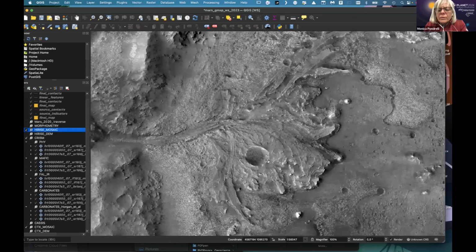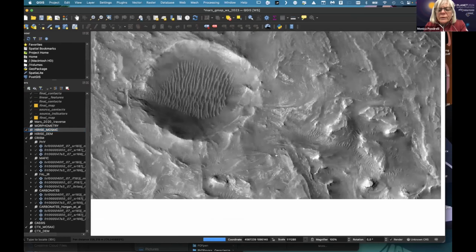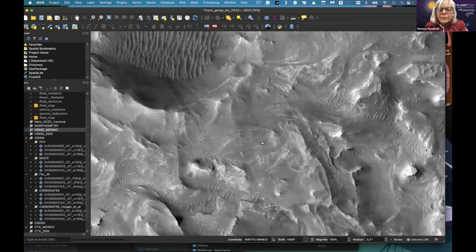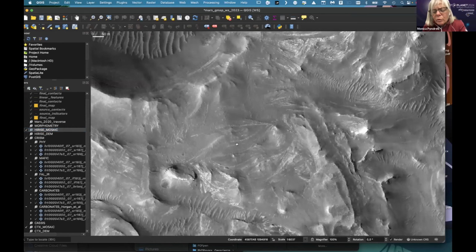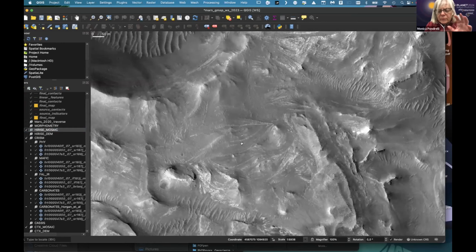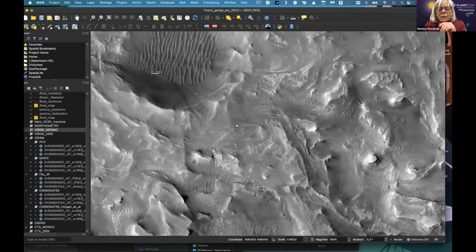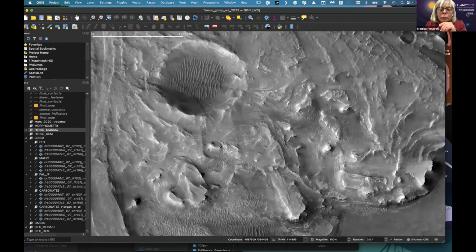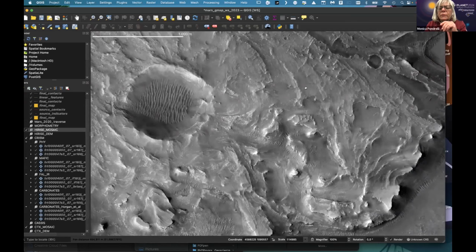I was showing you before that there are places, okay, this is something that you can observe only with HiRISE, so it's totally out of the scale of your map, but still you can see this feature here, which looks like point bars, on top of which you observe these ridges.